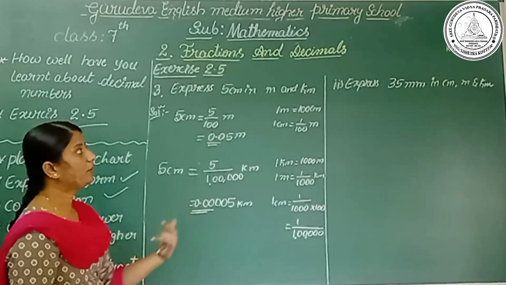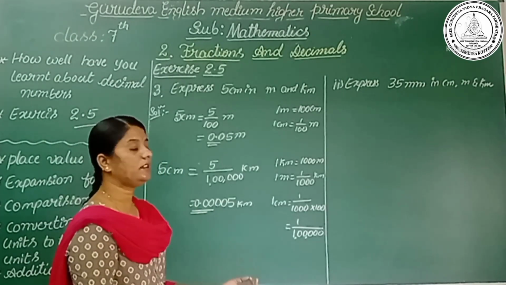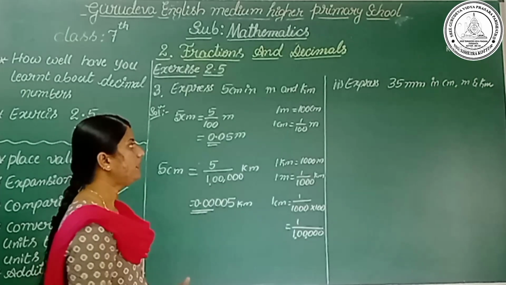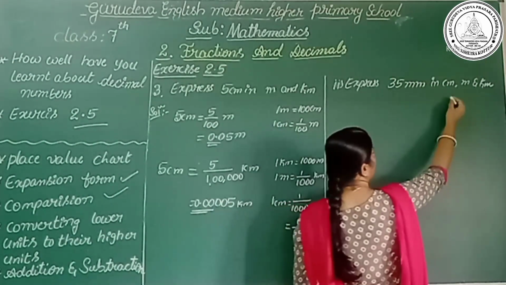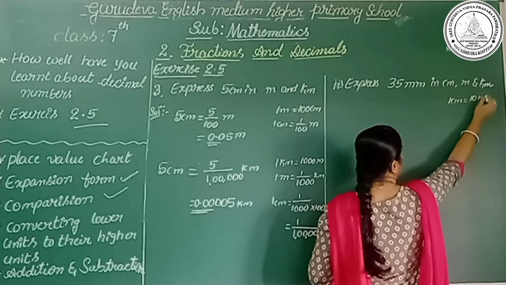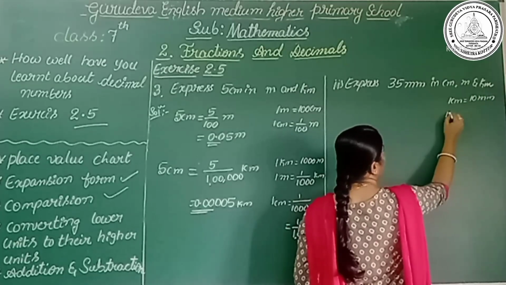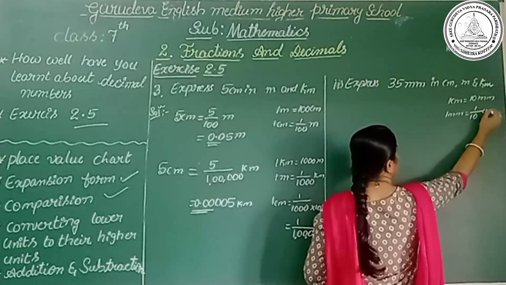At the same time, we have to express 35 millimeter in centimeter, meter and kilometer. Right? So first we write it on the right side. 1 centimeter is equal to 10 millimeter. Then 1 millimeter is equal to 1 by 10 centimeter.